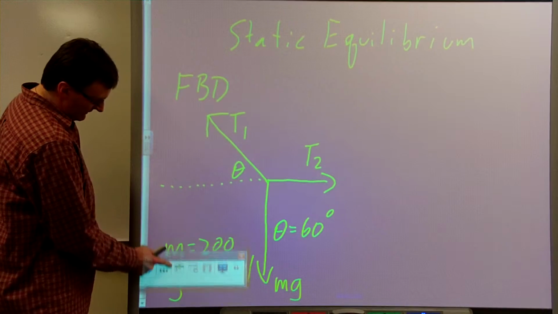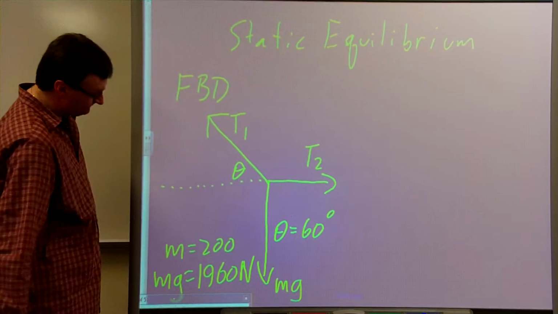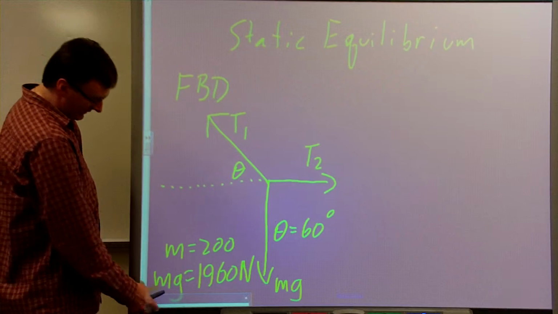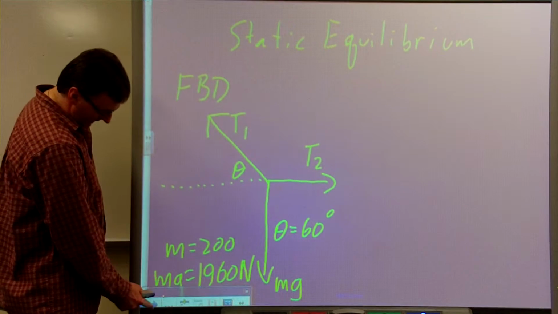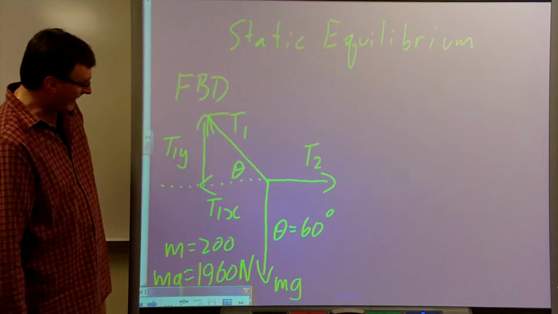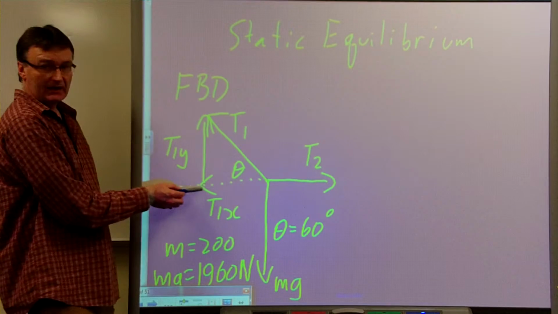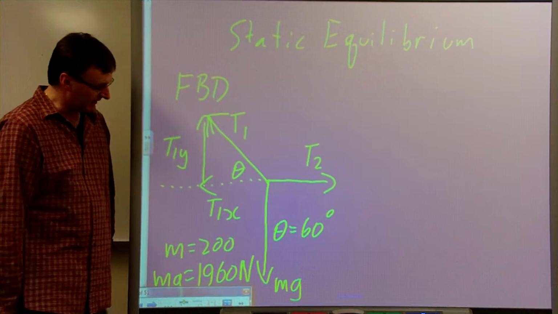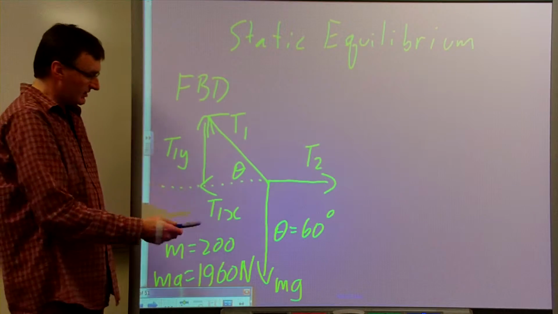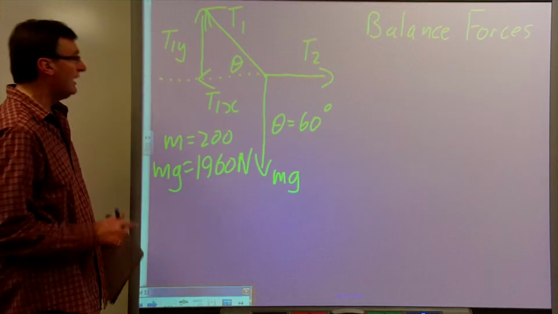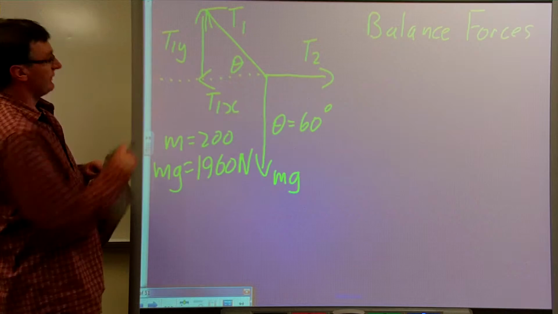They also give us the angle. They tell us that the angle is 60 degrees, so I put that on there as well so that we know where the angle is. And of course we have components on T1. T1x would be here and T1y would be here. I like to use that kind of notation because it really makes sense to me. So here's our free body diagram.